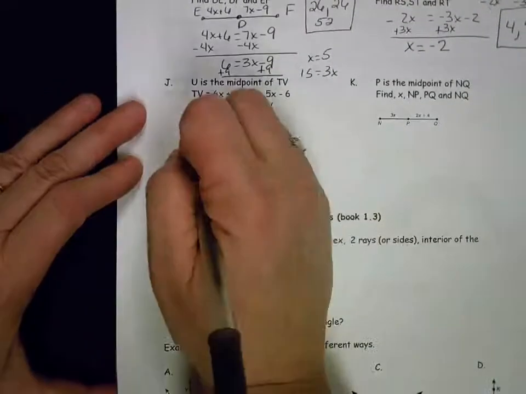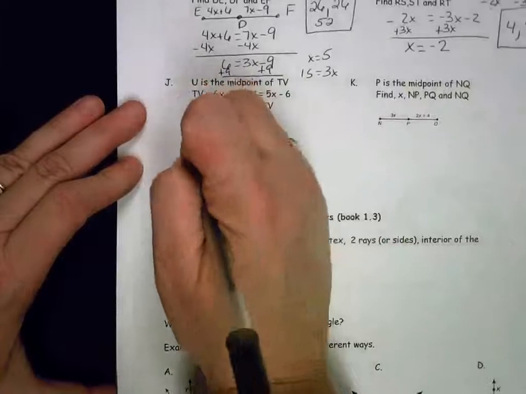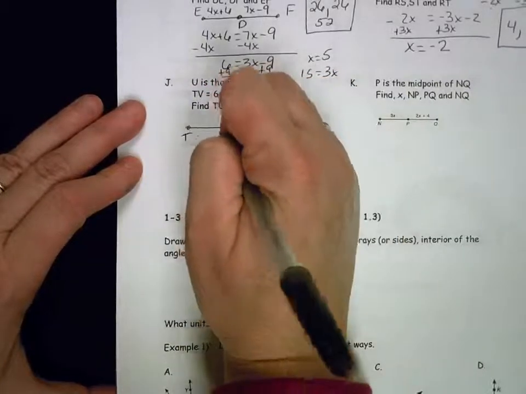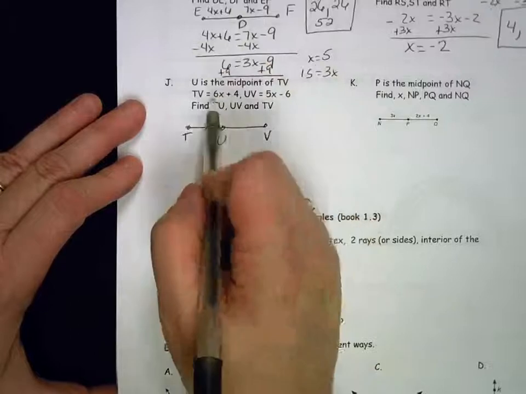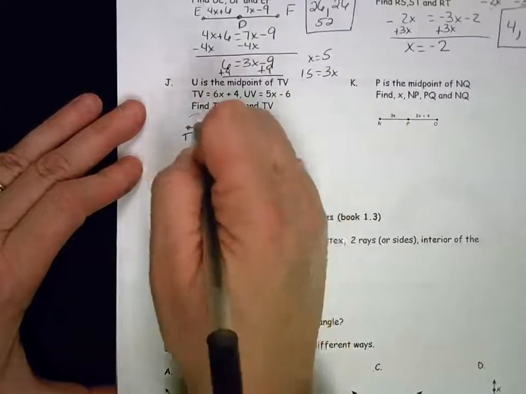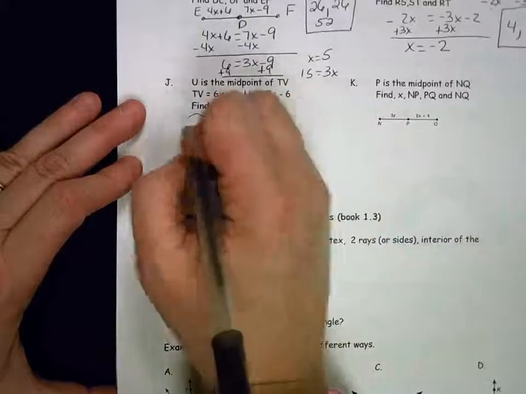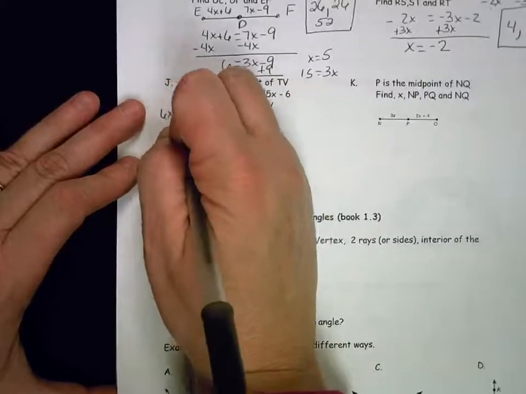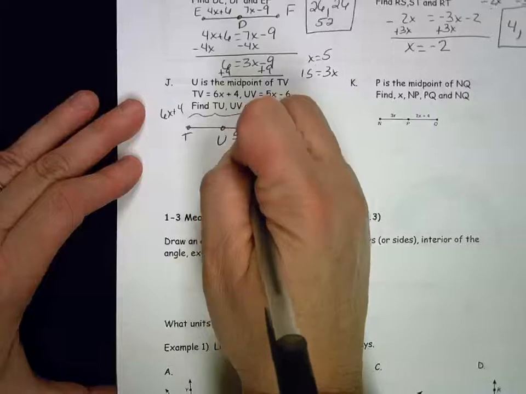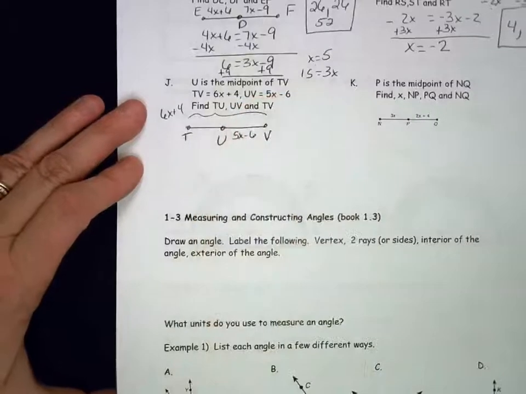Letter J, U is the midpoint of TV. So U is right here in the middle. This one's a little bit different. TV, so the whole thing, is 6x plus 4. UV is 5x minus 6.